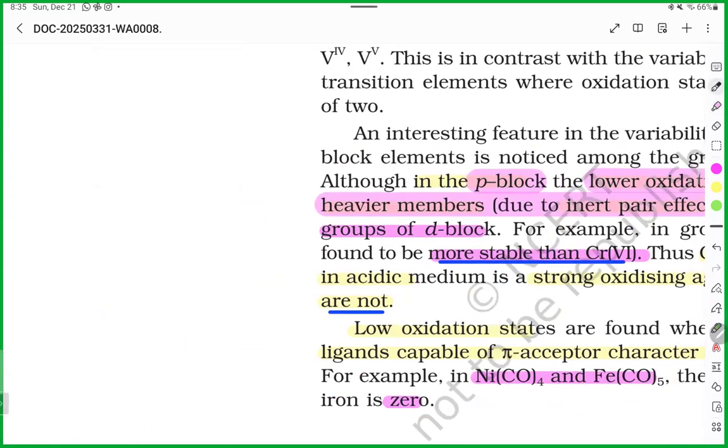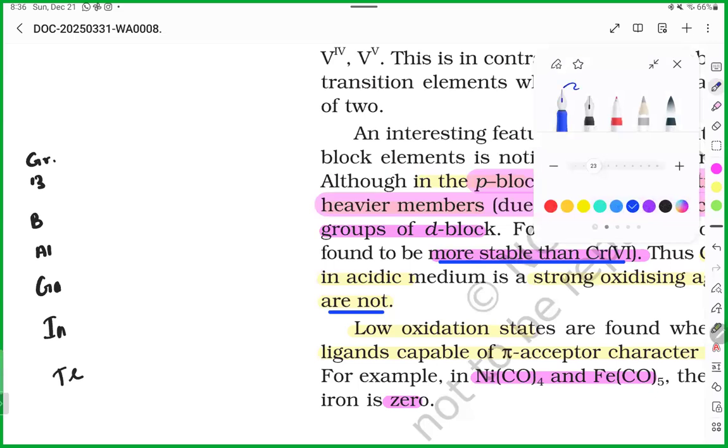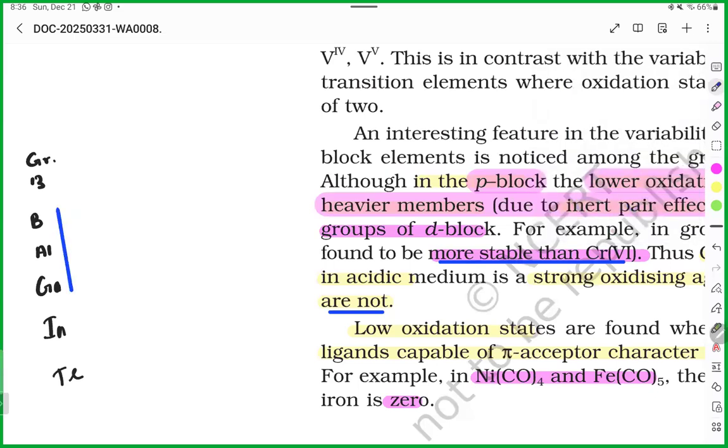If you see group 13, in group 13 you will see higher members usually have +3 charge, but you will see thallium has only +1.